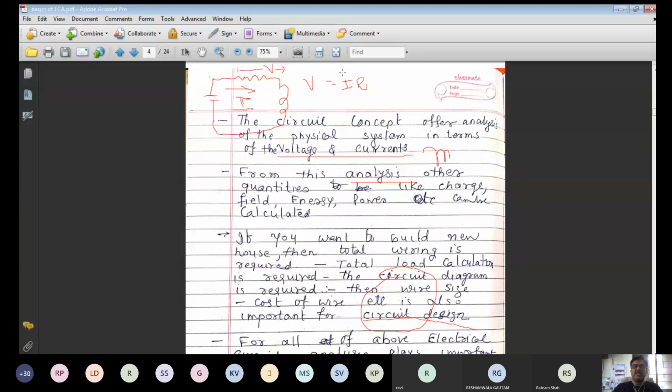This is a very simple circuit, but suppose the circuit is somewhat complex. Suppose I connect one more component, some inductance, in the circuit. Now the circuit is somewhat complex, right? To find the current in this branch, you need basic theory of electrical circuits.